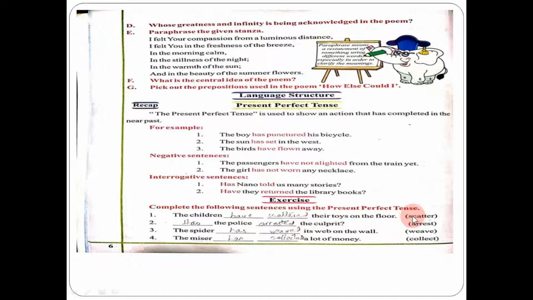Now you have to use this verb in this sentence by converting into third form of verb. First form of verb is scatter and third form of verb is scattered. And which helping verb you are going to use? Have. Children is written, so we have to use have. Now the sentence will be like that. The children have scattered their toys on the floor.